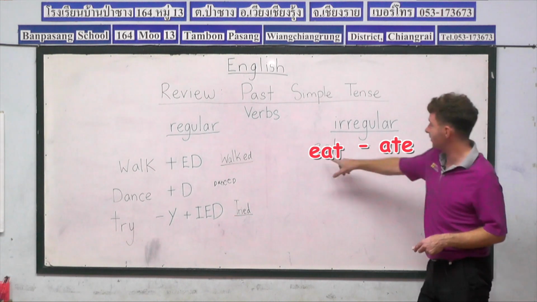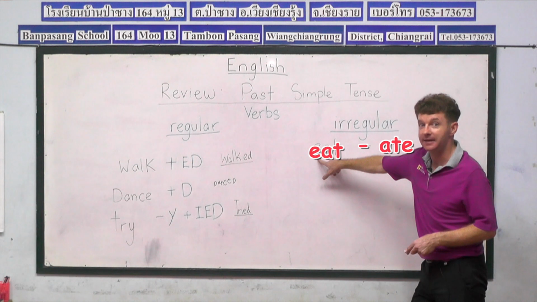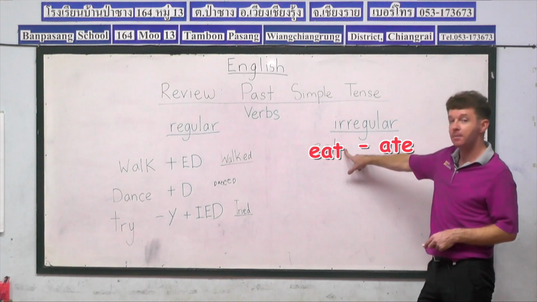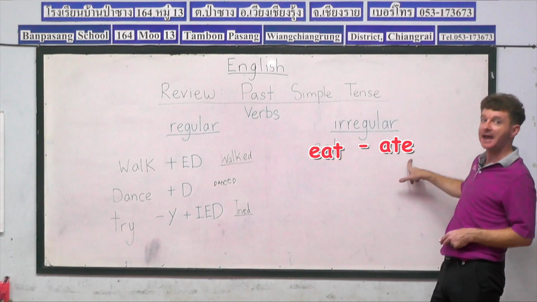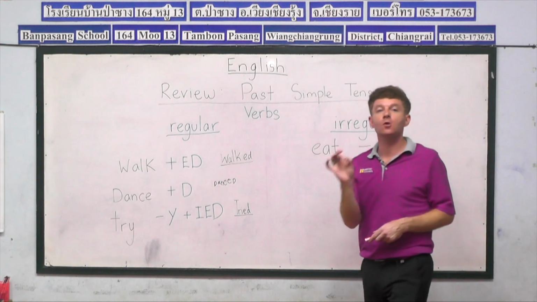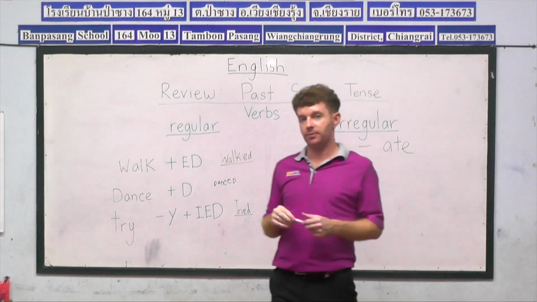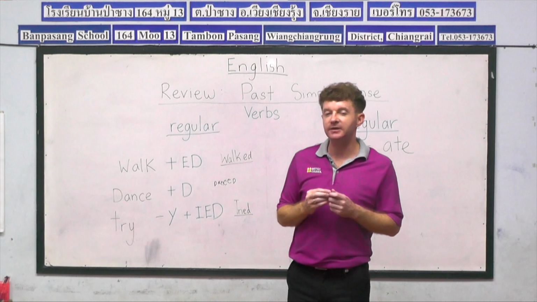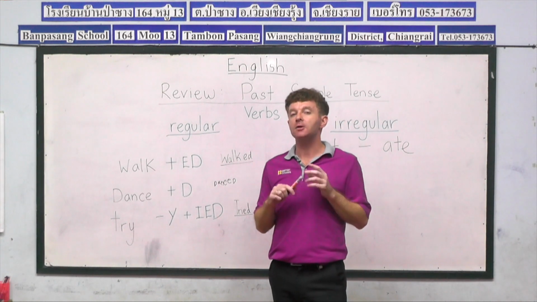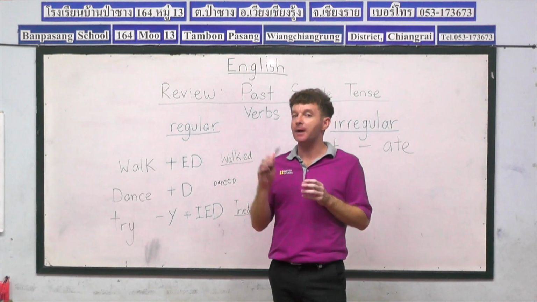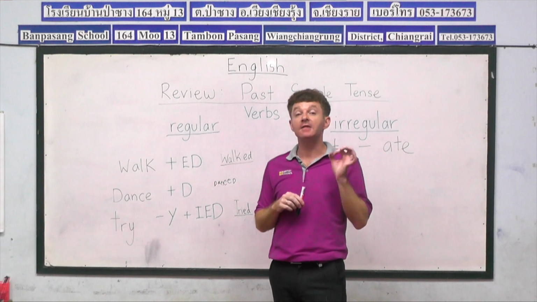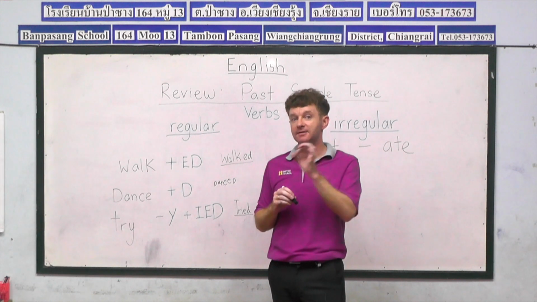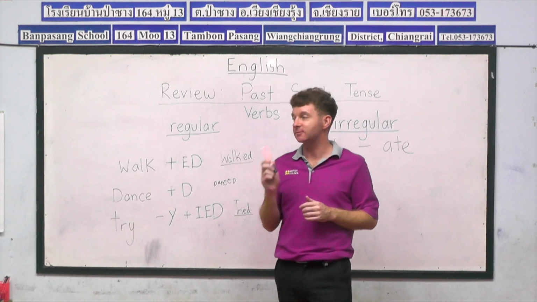All we need to do is take the E from eat and put it to the back, and it becomes ate. And this is what we call an irregular verb. Now, I'm going to see if my students remember any of the other irregular verbs by writing them on the board and see if our students can correctly change them into the past tense form.